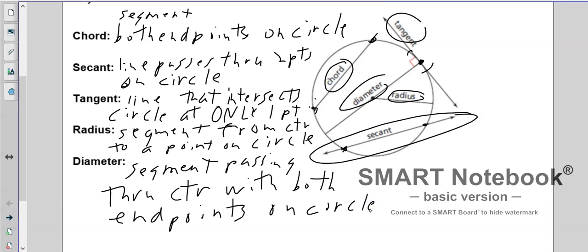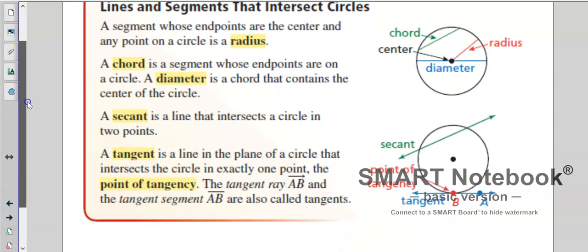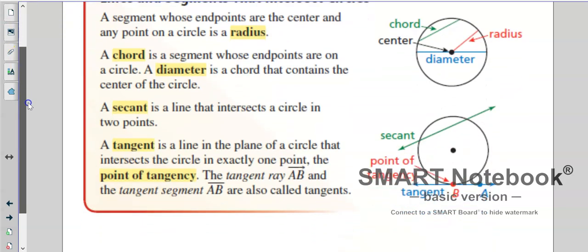So in other words, the diameter really is a chord that goes through the middle. All right? So here is all that again. This point we talked about before, the one point where the tangent hits, is called the point of tangency.